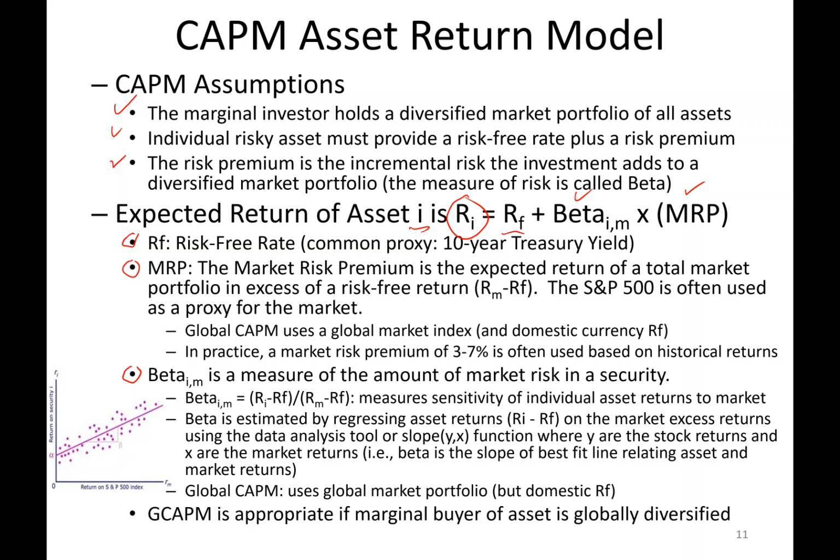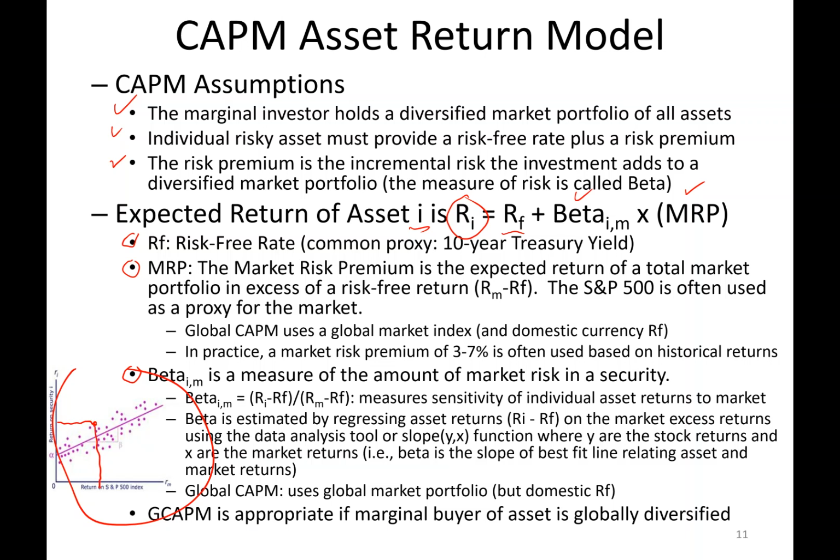Beta is going to be calculated using a regression. You're going to regress the excess returns of your security, meaning the returns in excess of the risk-free rate, as our Y variable against the return on the market. Looking at this little graphic here, each individual point, say this one right here, shows that in this period of time, the return on security i was this level, and the return on the market was this level.